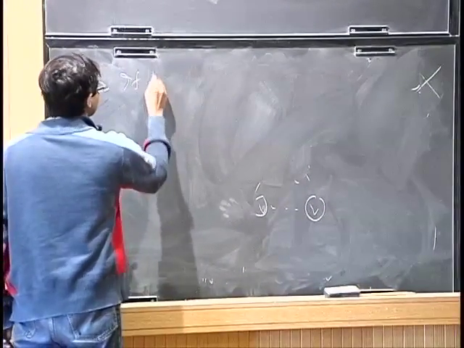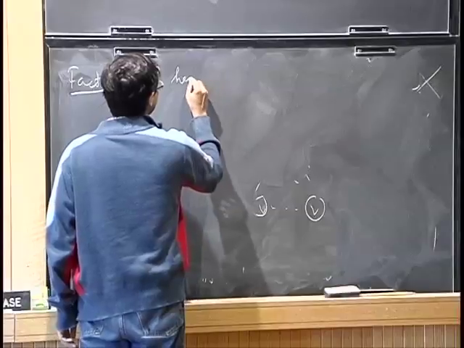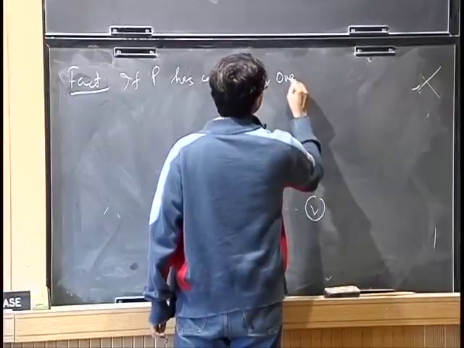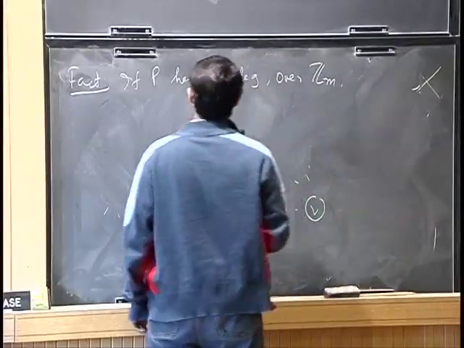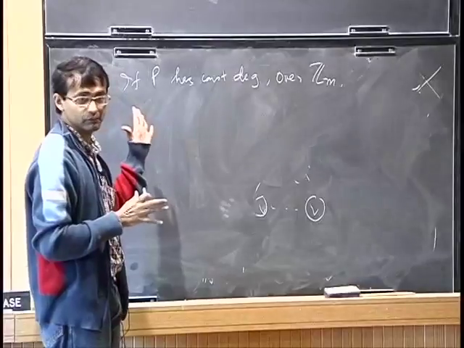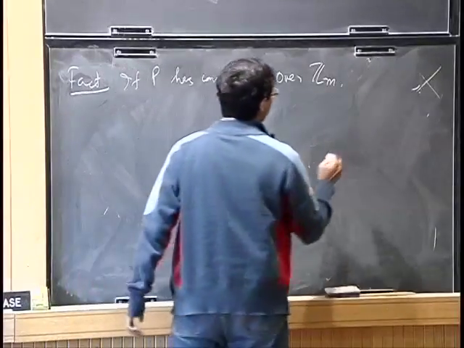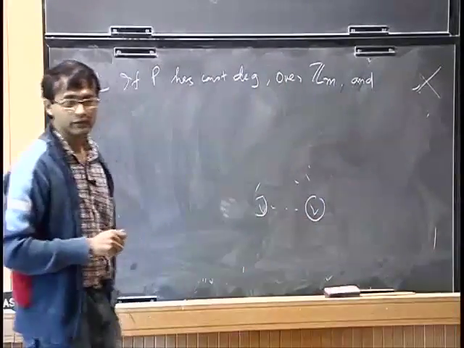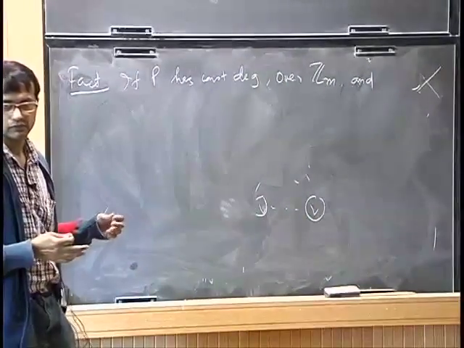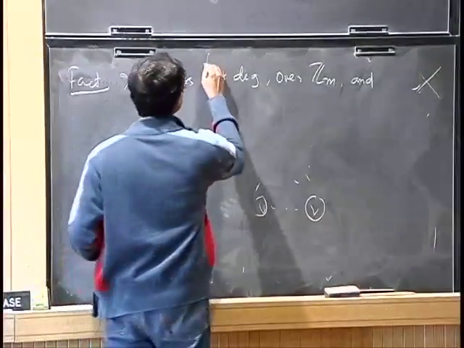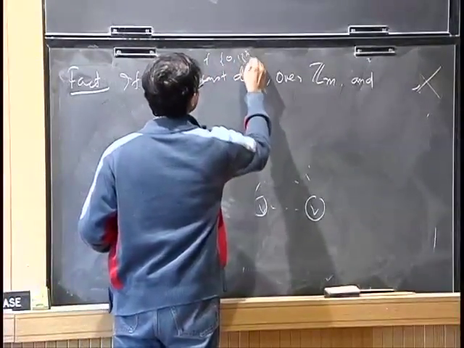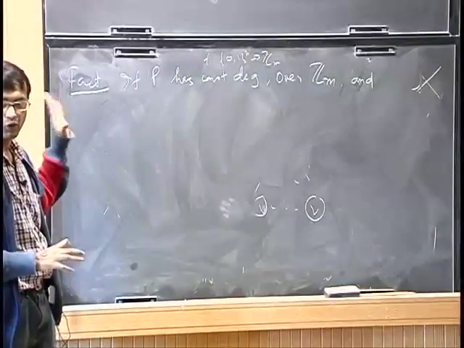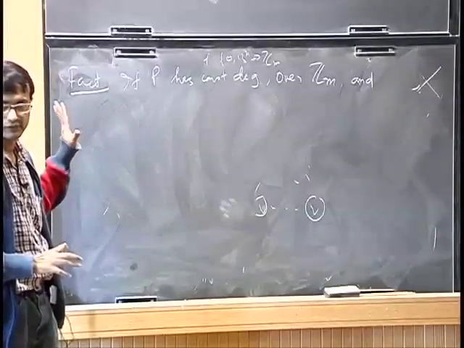If P has constant degree, P is a multivariate multilinear polynomial over the ring Zm, because x_i squared is x_i, since we're looking at the space of functions from {0,1}^n into Zm, and the multilinear monomials form a basis for this space.